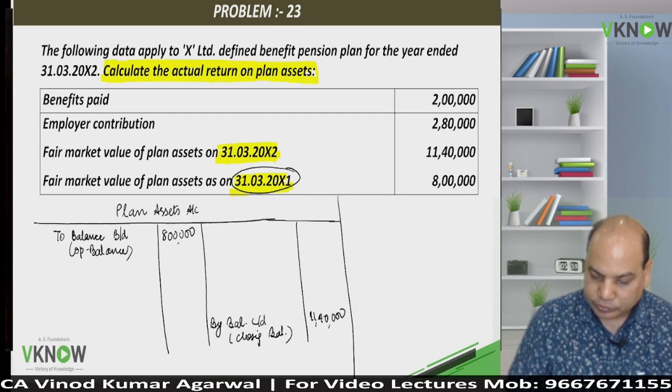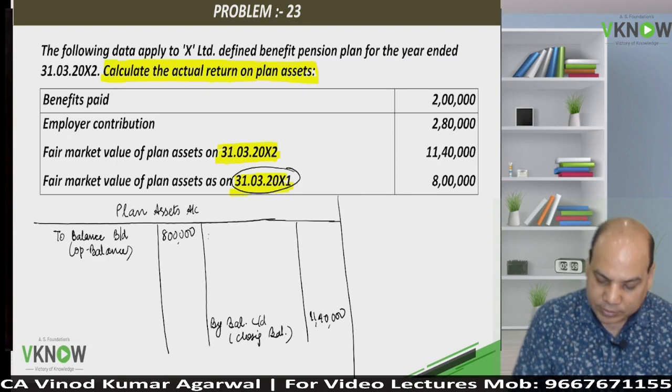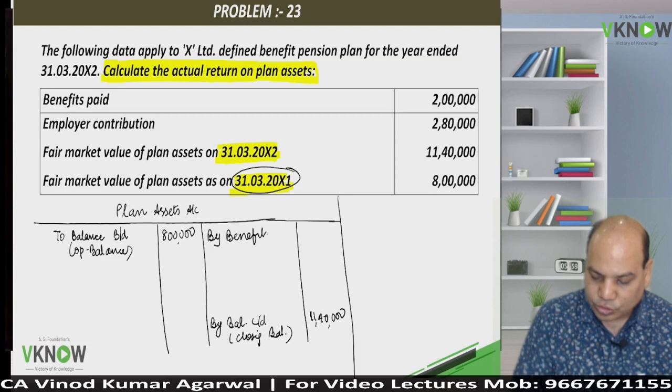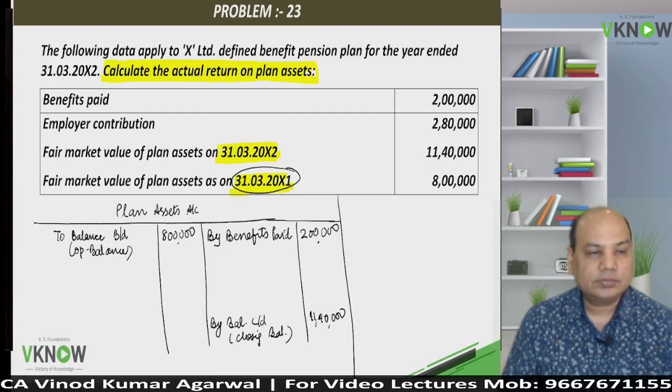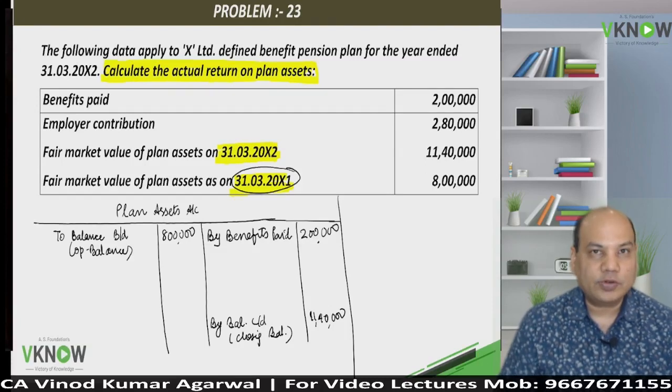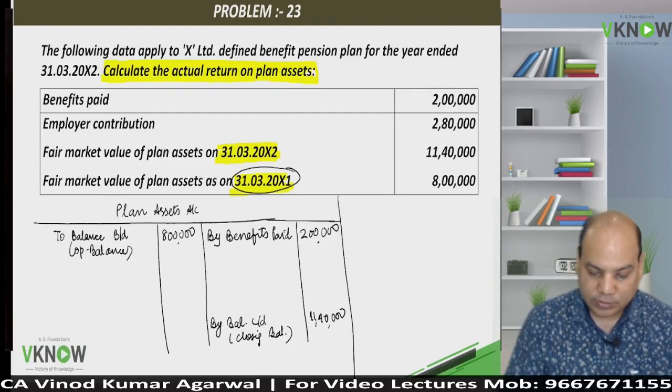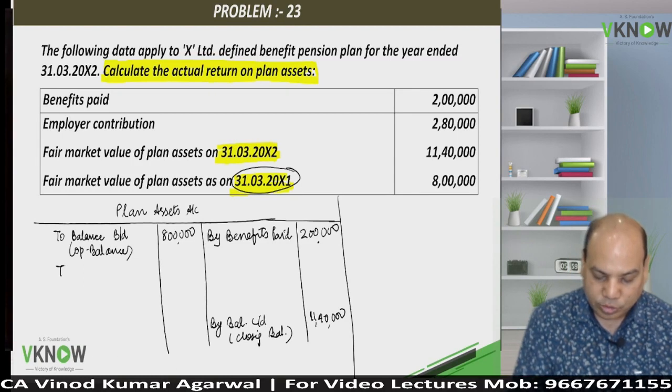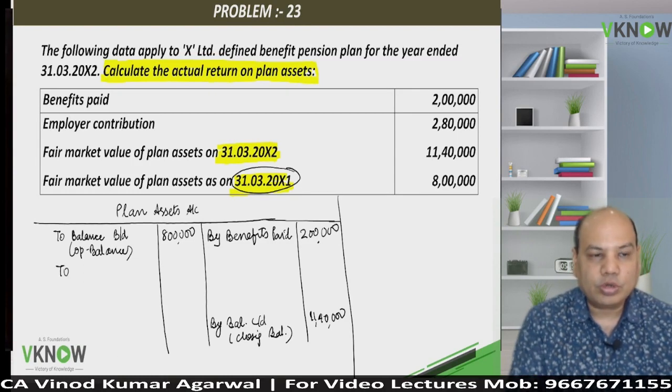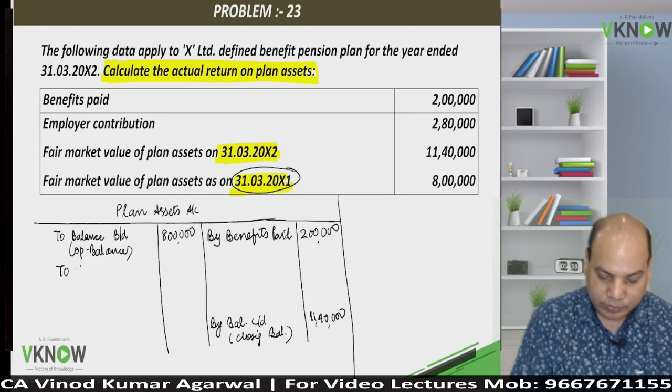11,40,000. And then they have written benefit paid. That means plan asset was used to pay benefit to the employees who have retired. An employer has contributed. This year we have made more contribution in the plan asset.